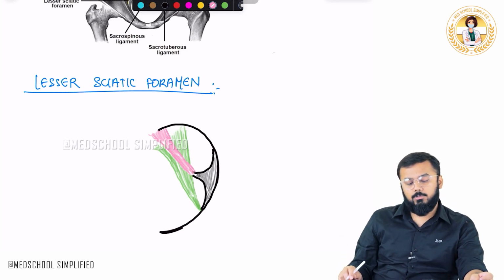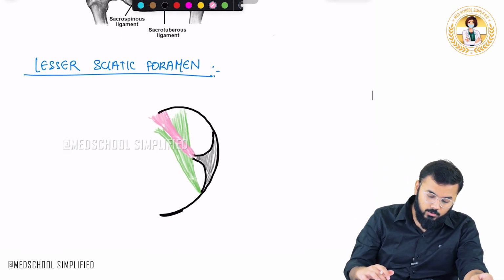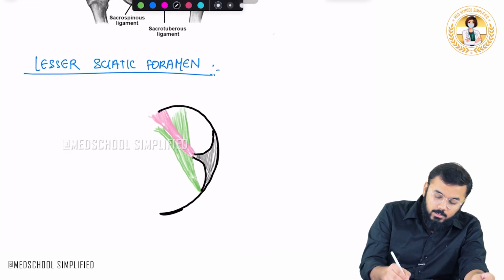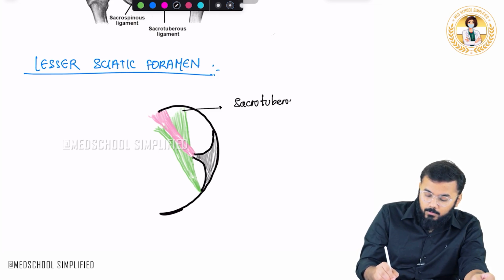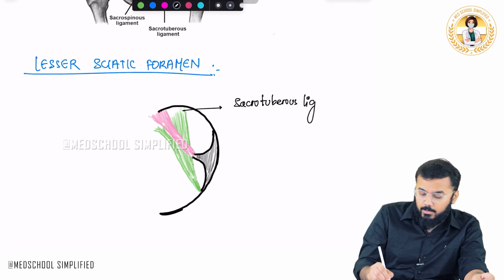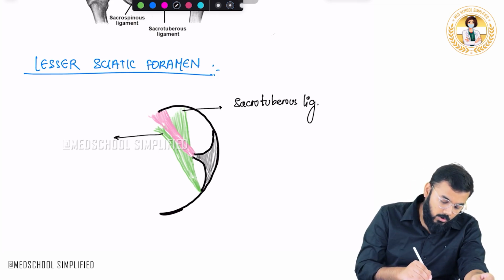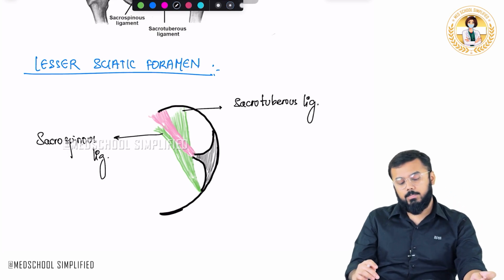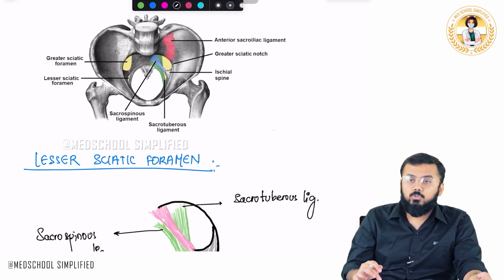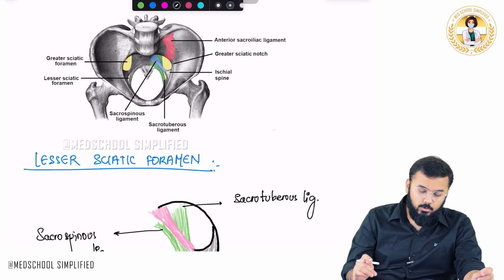So one is your sacrotuberous ligament, and this one over here is your sacrospinous ligament. These are the two important ligaments.